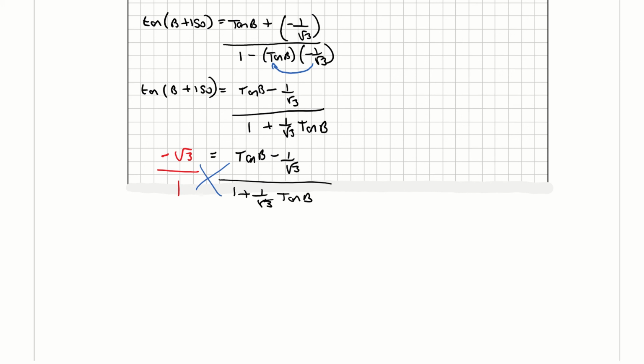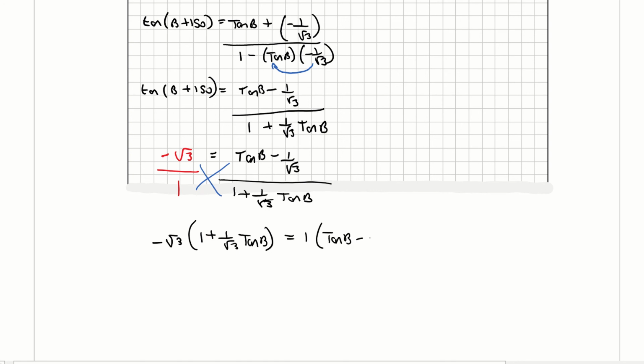What's that going to give me? It's giving me minus root 3 times 1 plus 1 over root 3 tan b equals 1 times tan b minus 1 over root 3.